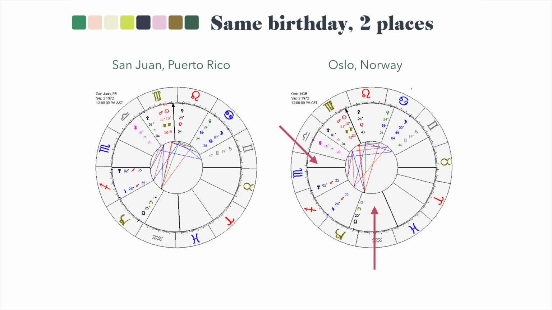What that really means is, if you look at the Norway chart, you can see the arrow at the very bottom of the chart in the 4th house, that house would intersect with Capricorn, Aquarius, and Pisces. And that's the 4th house, which is the house of home and family.